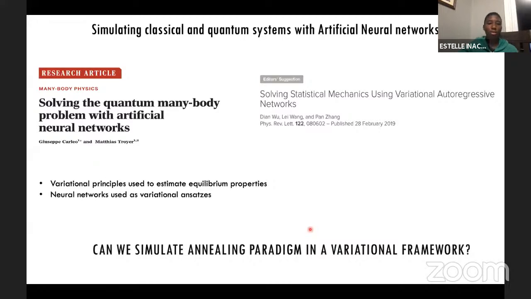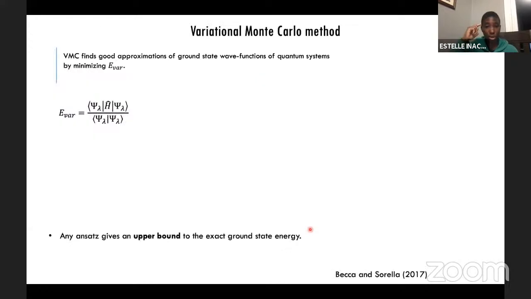So next, I'm going to explain the bedrock of that method, which is the so-called variational Monte Carlo method. The VMC method is a quantum Monte Carlo method that is used to simulate properties of quantum systems at zero temperature. By having a good guess of what the ground state wave function ansatz will be, it minimizes the so-called variational energy, which is this quantity here.